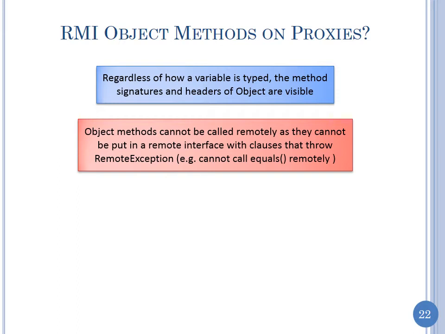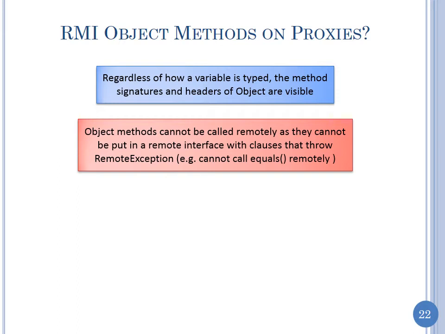So we need to figure out, for instance, what equals means when equals is being called on a proxy rather than on a non-proxy. For non-proxies, we have existing Java rules to tell us what equals does. Equals looks up the chain to figure out an implementation of equals, and if it finds nothing else, it uses Object's equals. The proxy class is not something that we implemented.